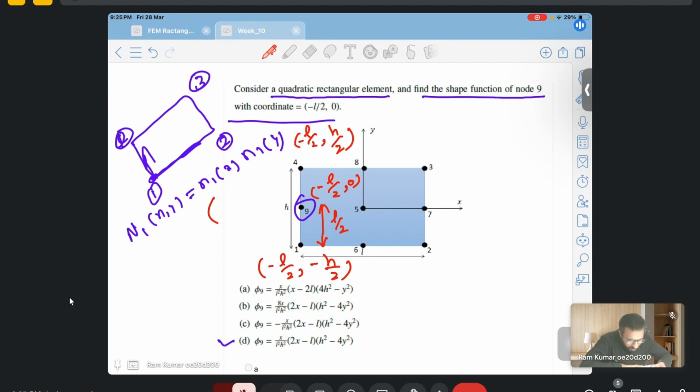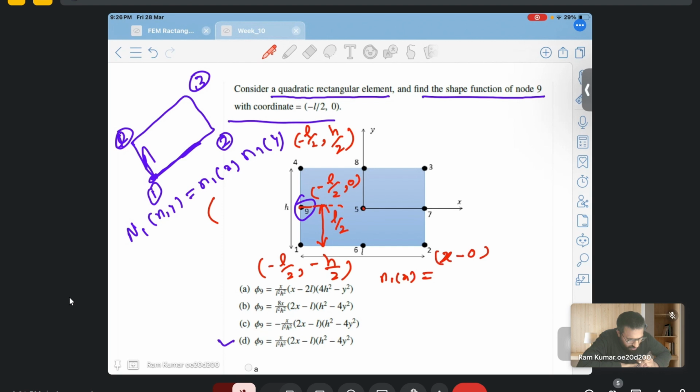Okay, so now what can we write here? Let's talk about this nx. Small nx will be, for this, node 4 and node 5 will come into the picture. So it will be x minus x5, which is 0.